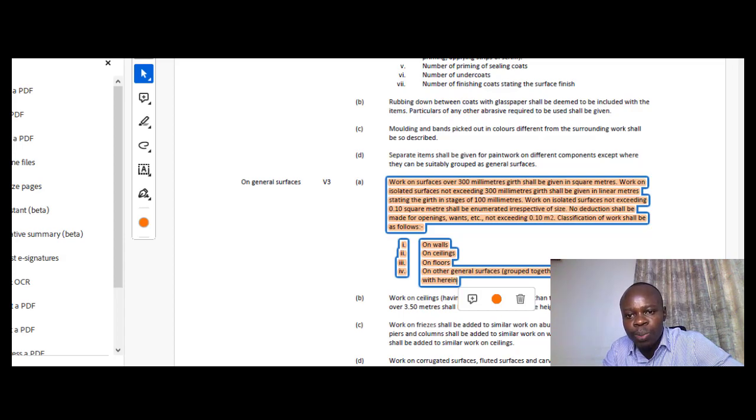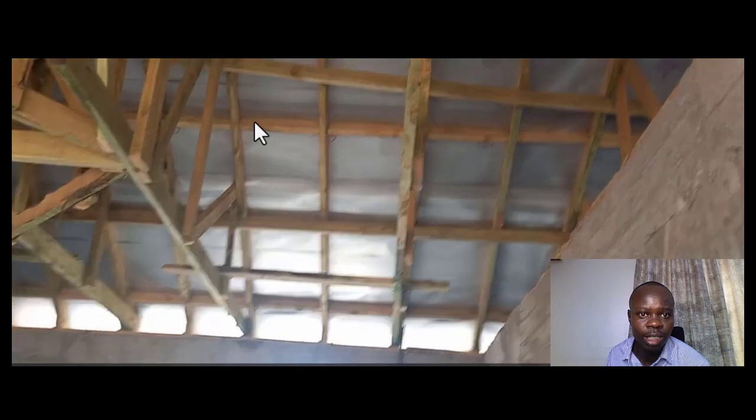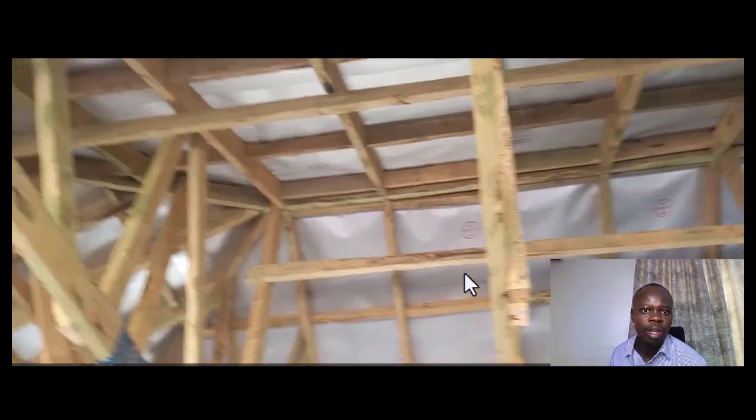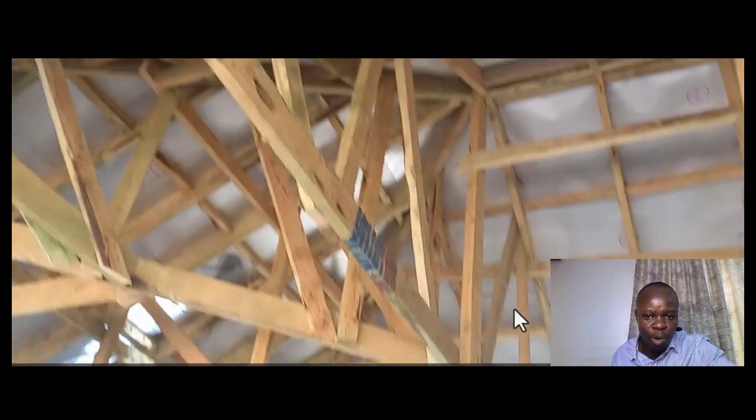When you read that rule, you'll realize what I'm talking about and how it is put into perspective. Then classification shall be done as follows. On walls, we are talking about the categorization of the paintwork. These are walls, and as I've explained previously, you need to do it net, so these spaces will have the windows.